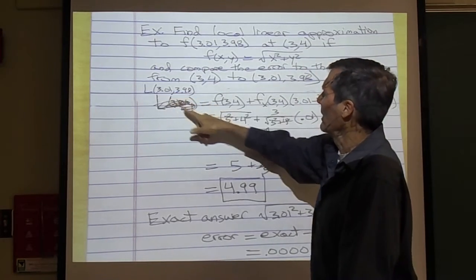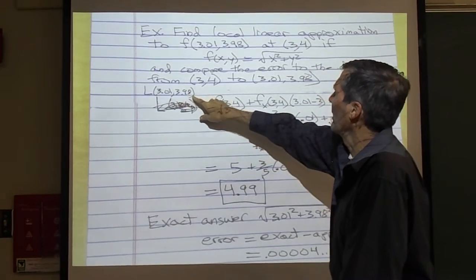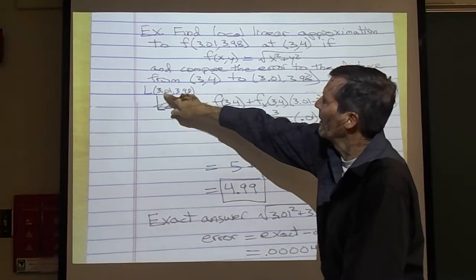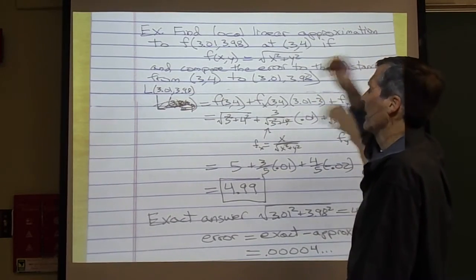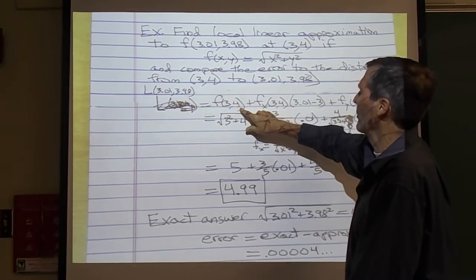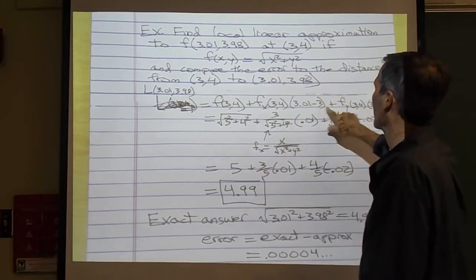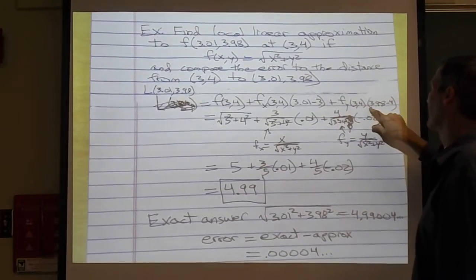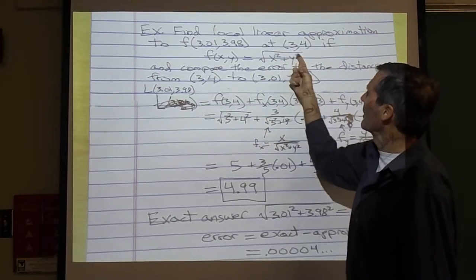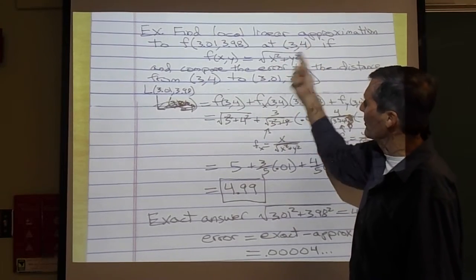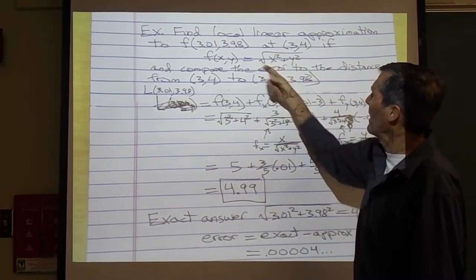So the local linearization at 3,4 of the function at 3.01, 3.98, you take f at 3,4 plus partial with respect to x at 3,4 times the difference in the x coordinates plus partial with respect to y at 3,4 times the difference in the y coordinates. F is square root, and you take the point of tangency, 3,4, square root of 3 squared plus 4 squared plus, what's partial with respect to x of this?